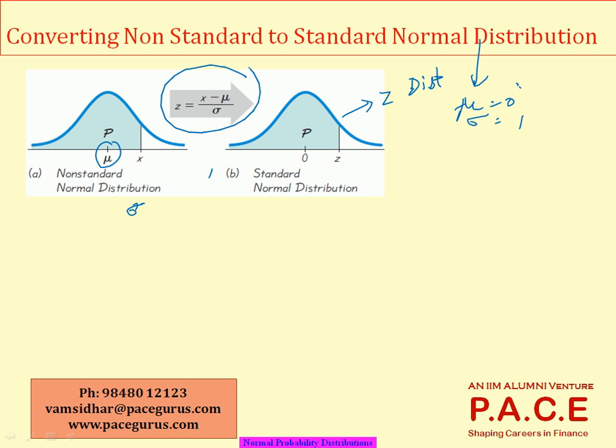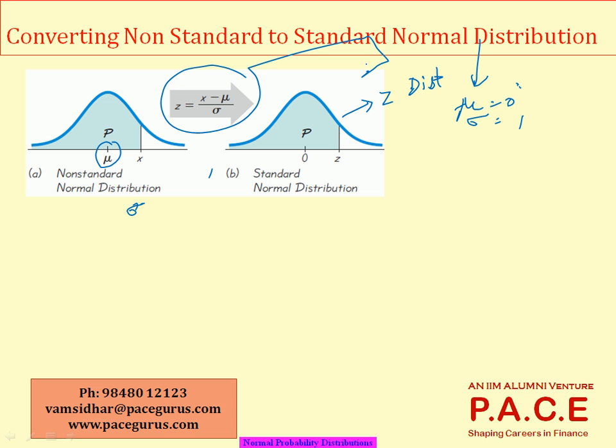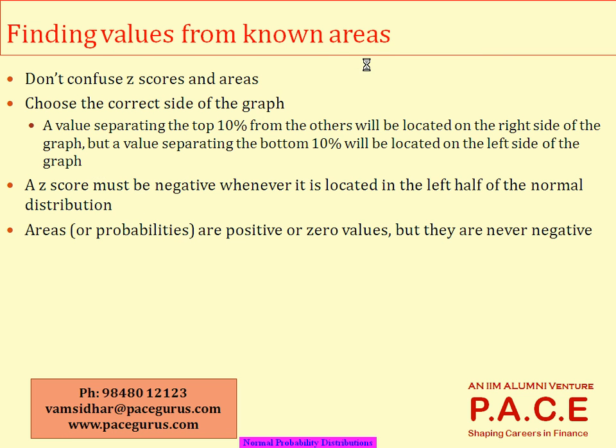So every value gets transformed into the standard normal format. After subtracting the mean and dividing by the standard deviation, the mean of the resulting distribution becomes 0 and the standard deviation becomes 1. In that manner a non-standard normal distribution gets converted into a standard normal distribution.